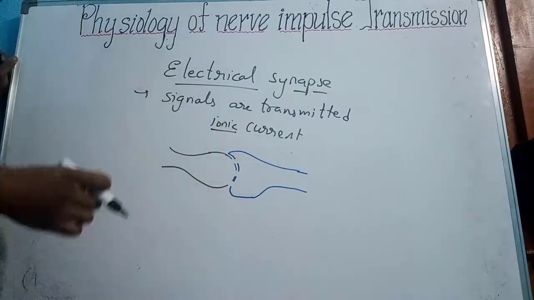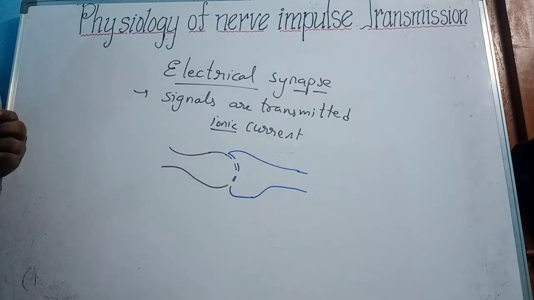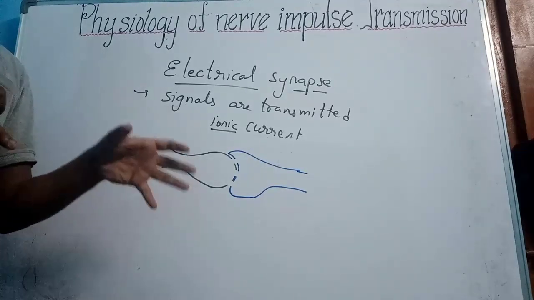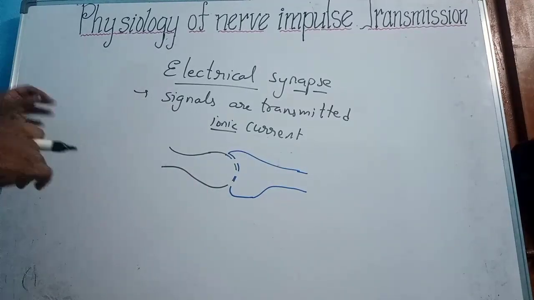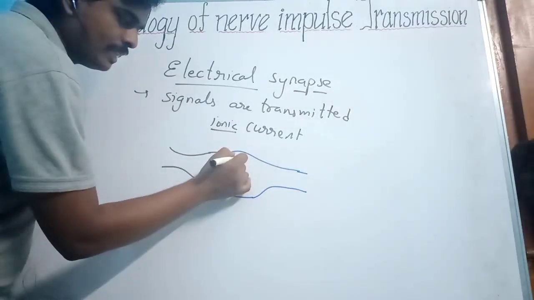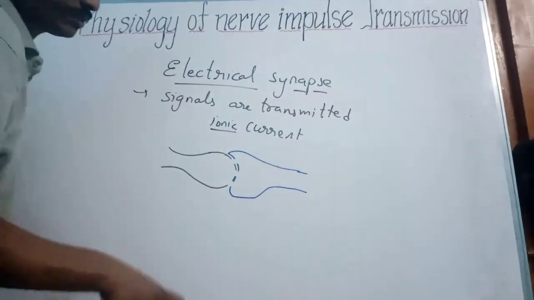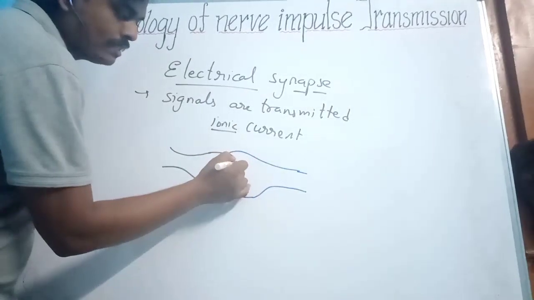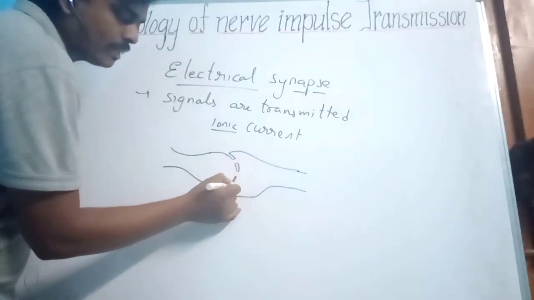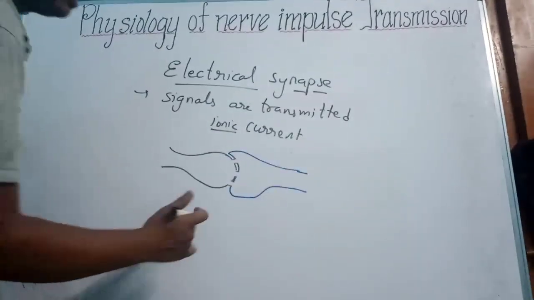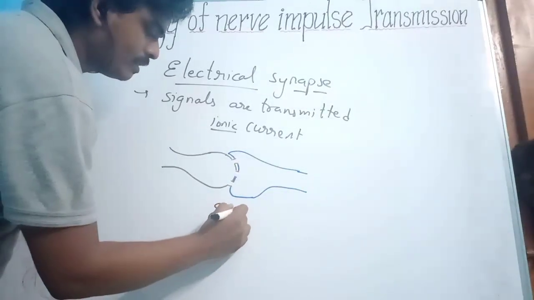If you remember the structural organization of animals lesson, there are intercellular junctions. Here specifically there is a junction called gap junctions. So these two membranes are connected by junctions called gap junctions.